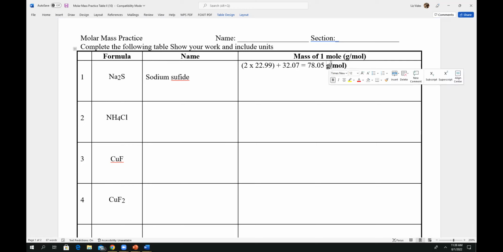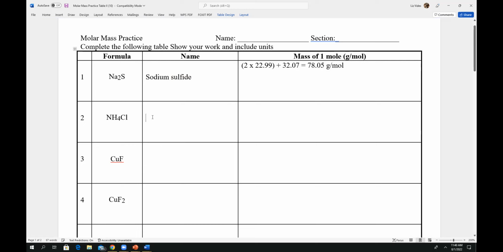Grams per mole. Always use that. Grams per mole of what? Per mole of sodium sulfide, okay? Wow, where's my L?